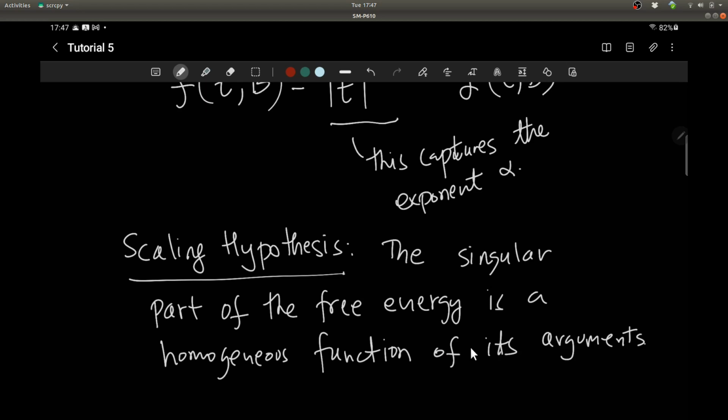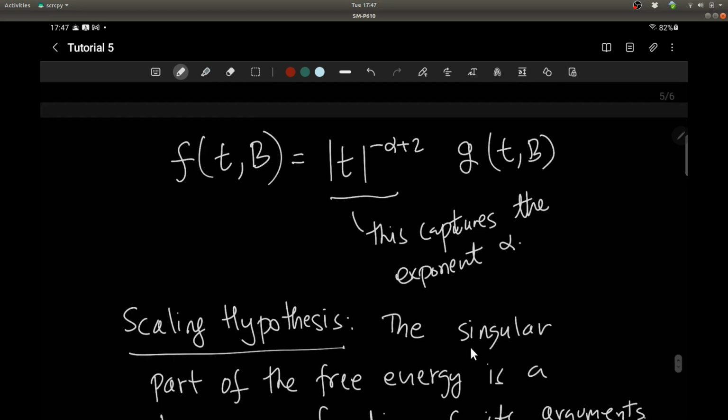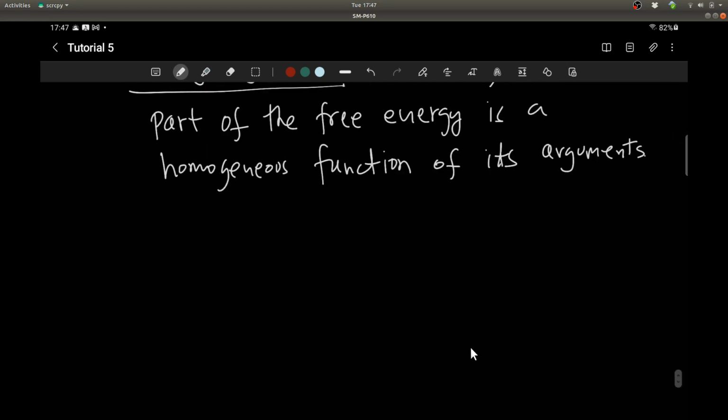Okay, so it's a generalized homogeneous function. So I need a definition. So I will put this definition. I gave a link also to something you can see.